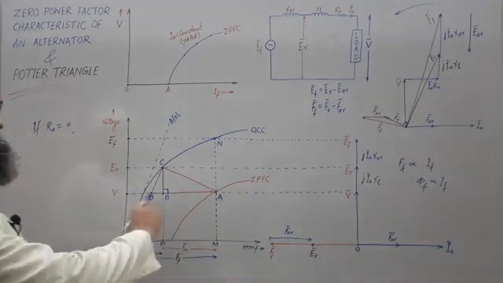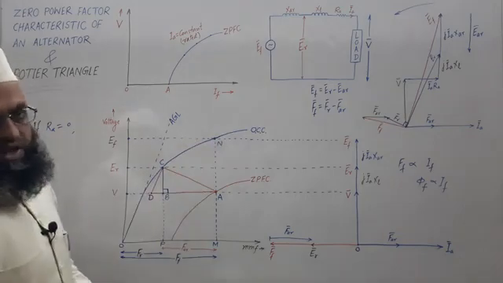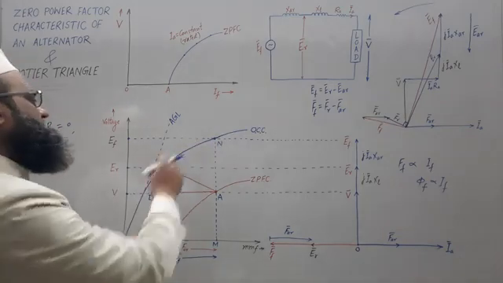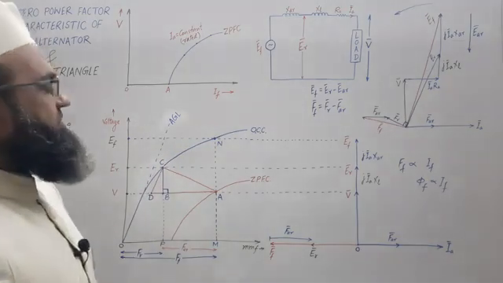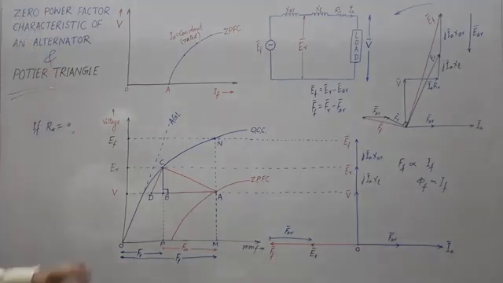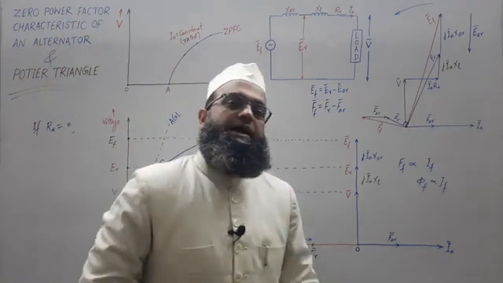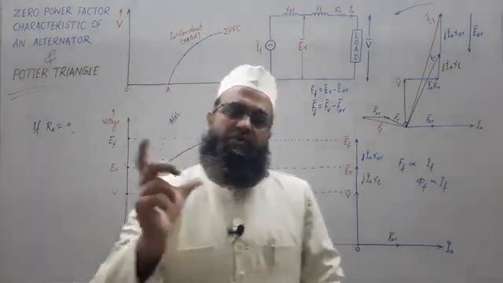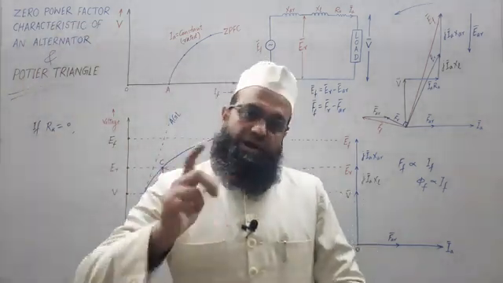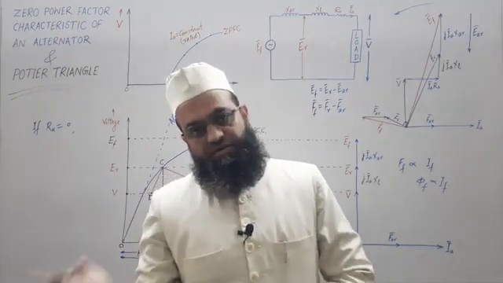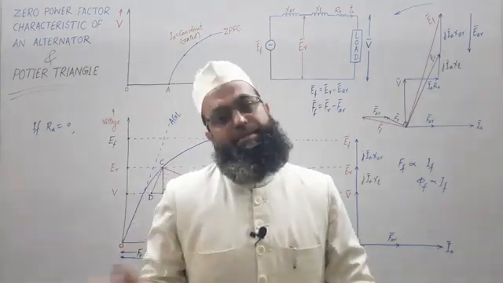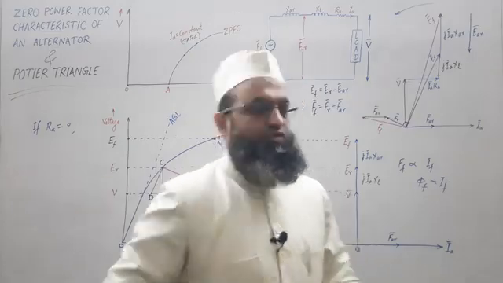So the nature of the OCC will be the same, and we are assuming that this OCC gives the exact relation between ER and FR, the air gap resultant EMF against the air gap resultant MMF. That's it. That is given by the OCC. Fine.